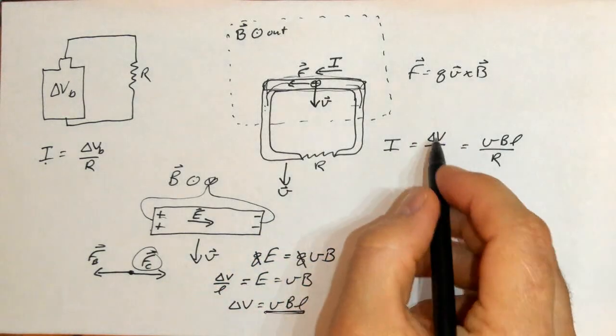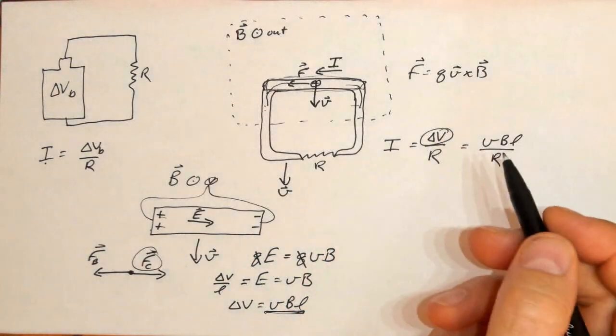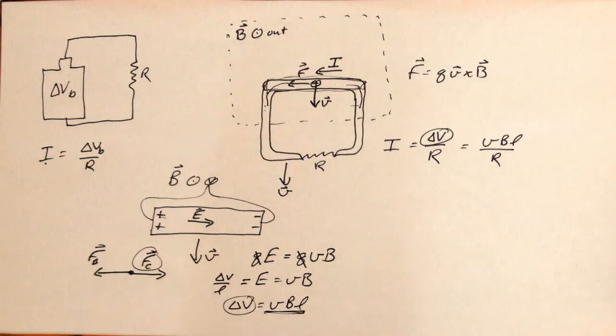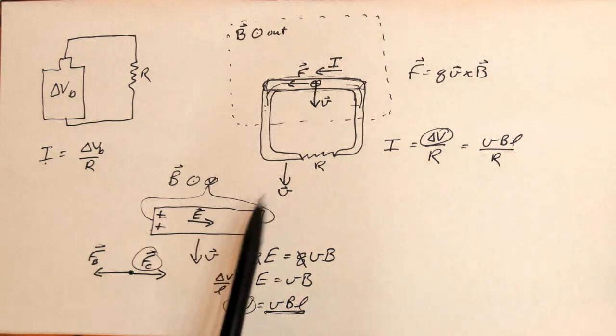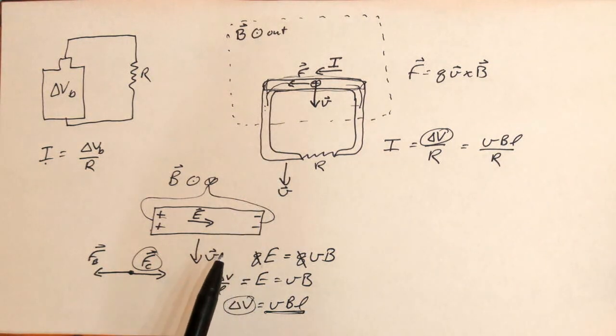Now this voltage here has a really weird name, which is unfortunate, but it's not too bad. It's called motional EMF. Motional is okay because it's caused by motion. And the EMF stands for electromotive force.